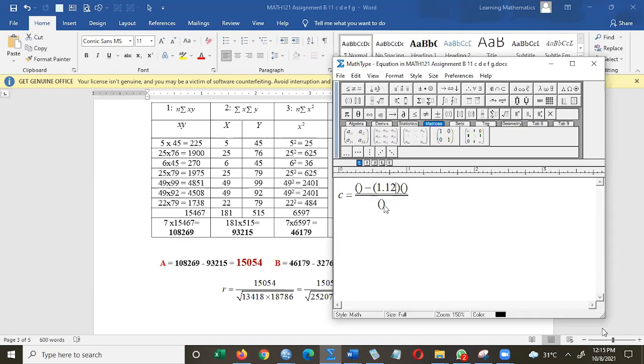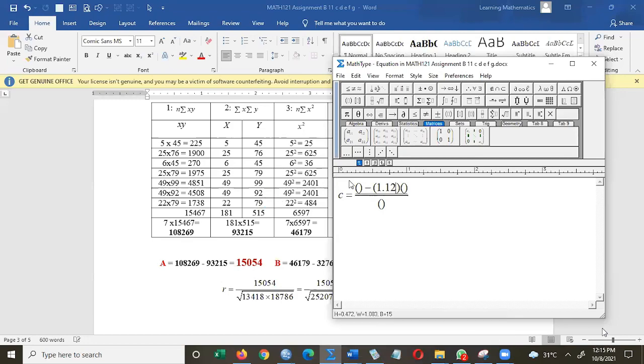So y is 515. Y alone? There are how many y's you see there? Y is not 515. I can tell you that y is not 515.